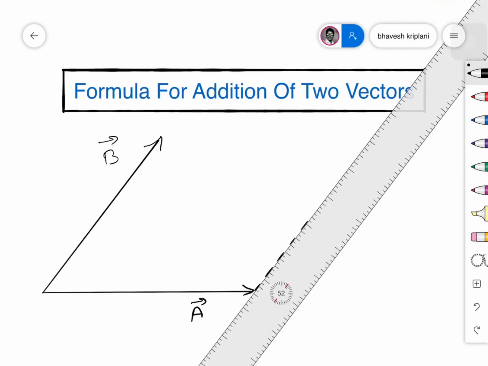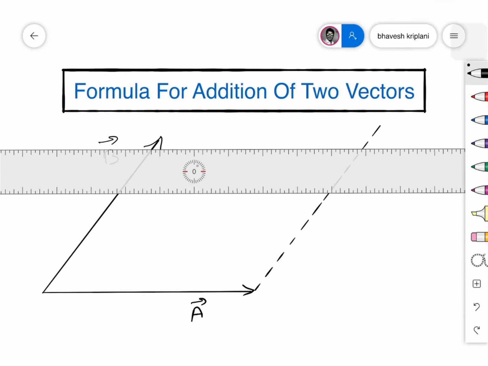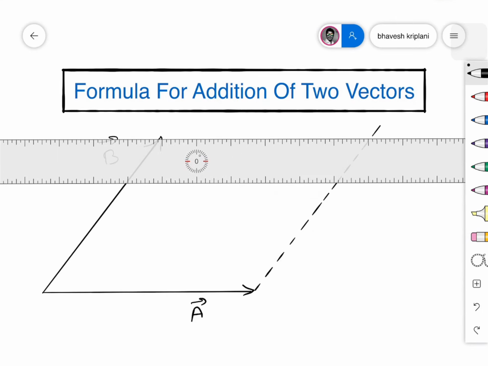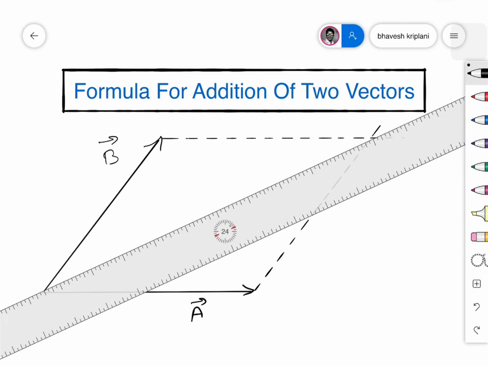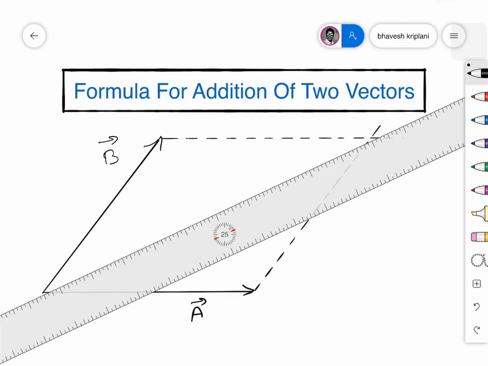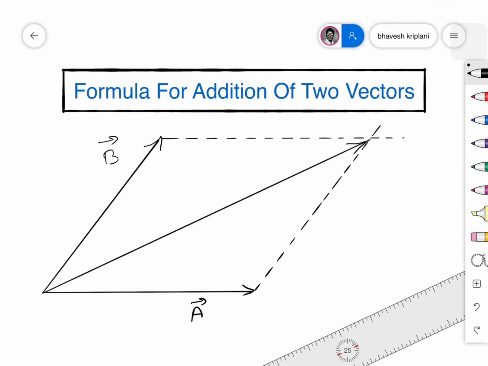So parallel to B vector, we draw a line over here, and parallel to A vector, we draw a line over here. Then the diagonal of this parallelogram would be the sum of the two vectors. So this is, let's call it vector C, which is equal to A vector plus B vector.